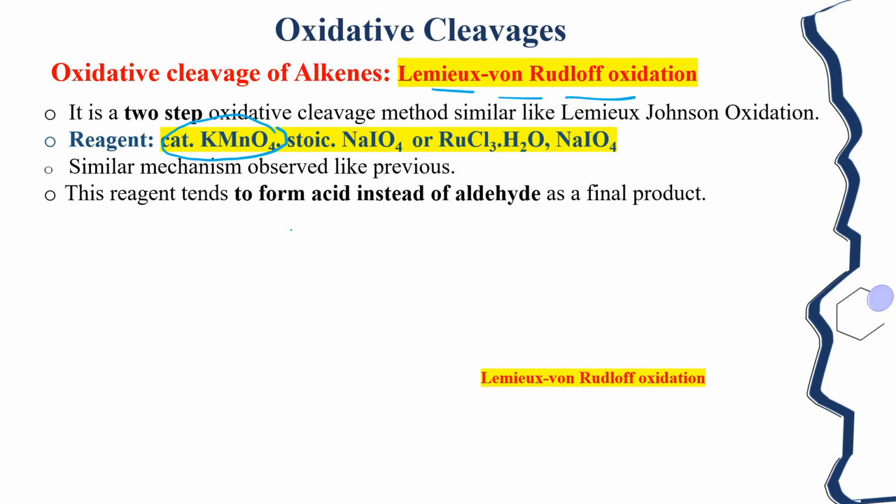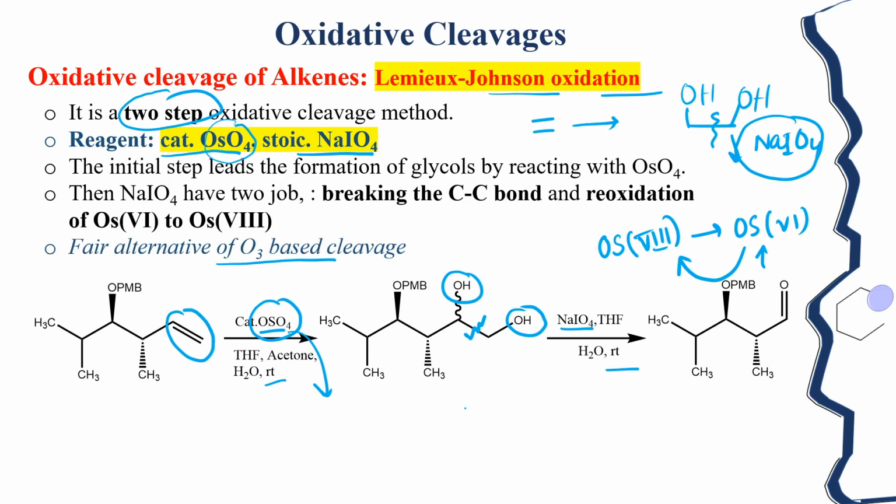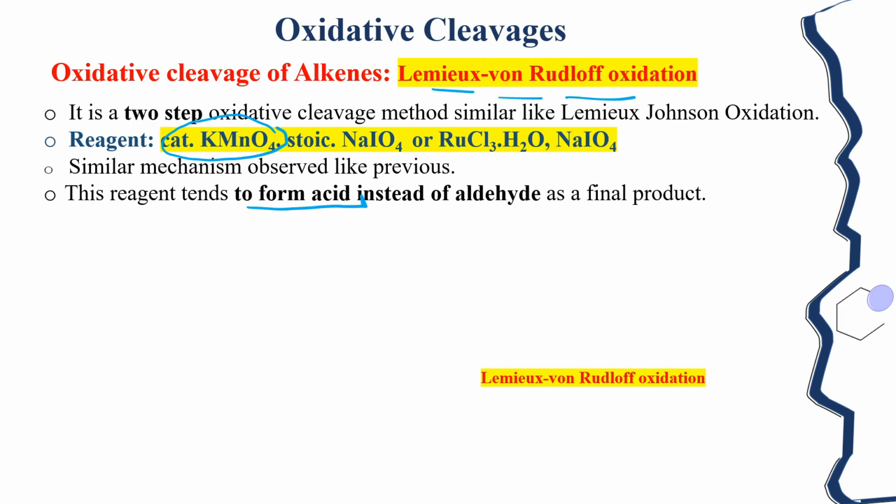And interestingly, with this reagent condition, because KMnO4 is also an oxidant here, the final product formed is an acid, and in the case of the previous one you can find a carbonyl compound, but in the case of this Lemieux-von Rudloff oxidation, you will form acid over aldehyde as the final product.